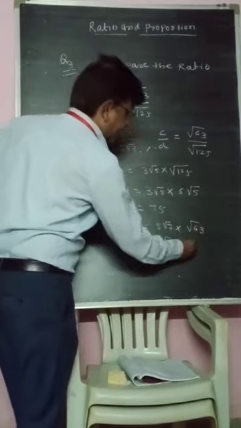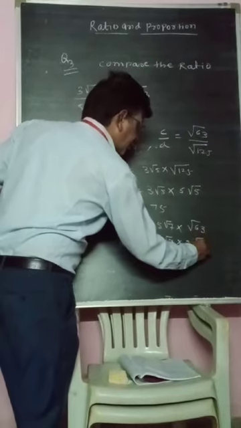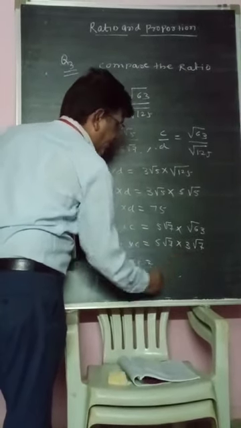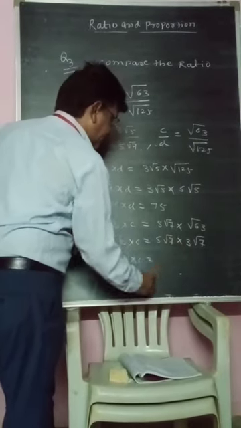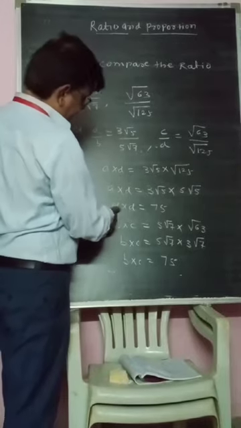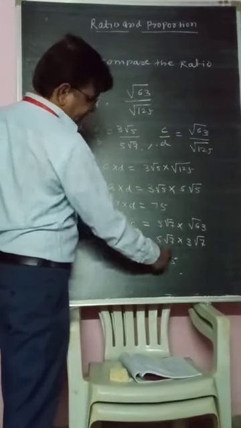The square root of 9 is 3 and root 7. So here b into c is 5 3s are 15 into 7. 15 into 7 is again 75. Means a into d is 75, b into c is also 75.